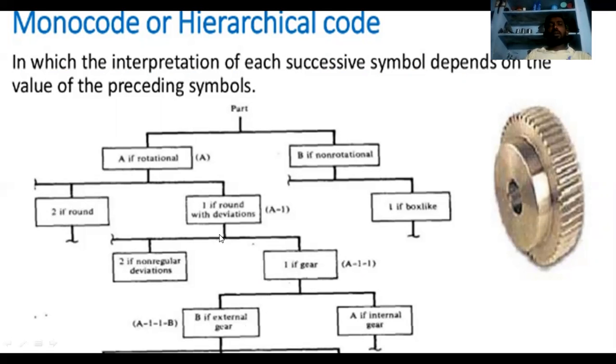By using this code we can successfully manufacture one part, and the part is nothing but a gear. So it is the monocode, or we can call it hierarchical code. By using these codes, you can automatically manufacture these gears.